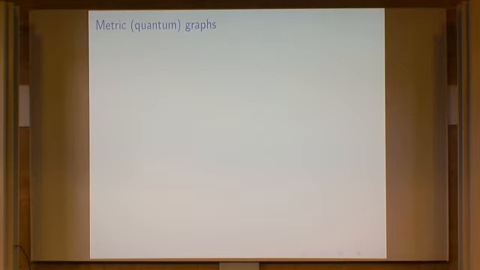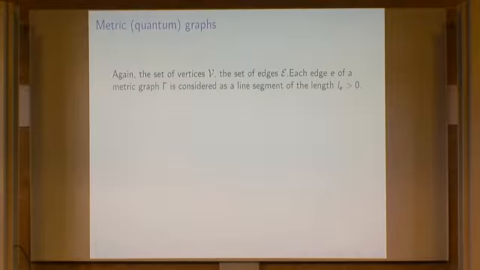Well, now we pass to a little bit more intricate object, metric or quantum graphs. What does it mean? Again, we have a set of vertices, a set of edges, but each edge is not simply some abstract relation saying that this vertex is connected to another one, but it is considered as a line segment, with all the structure of a line segment.